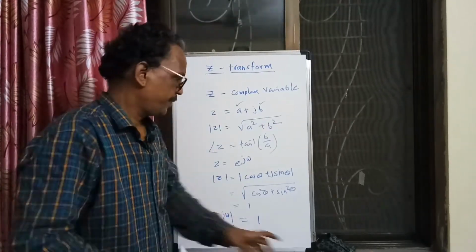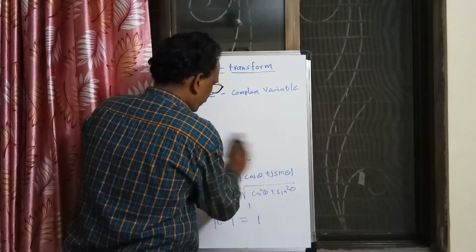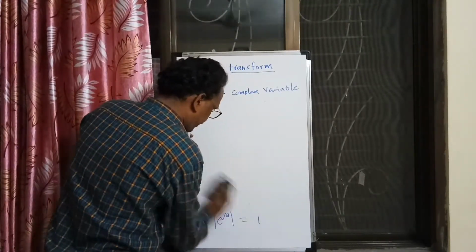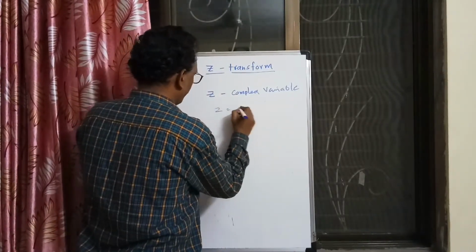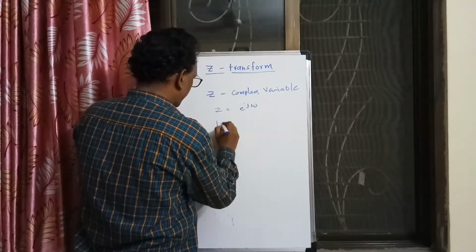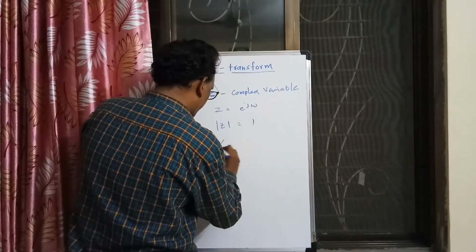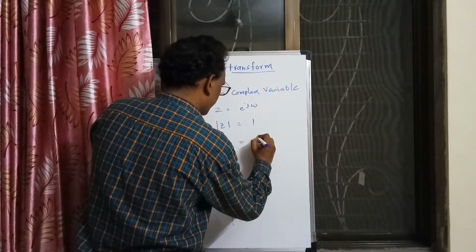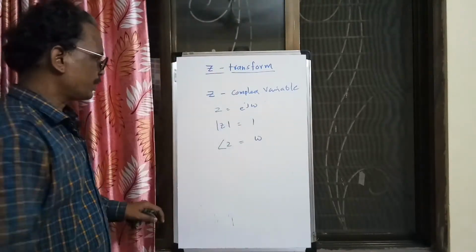What is the phase in that case? So let us see. Z equal to e to the power j omega, in that case the magnitude of Z is equal to 1 and the phase of Z is equal to omega. It is the phase: e to the power j theta, theta is called phase.